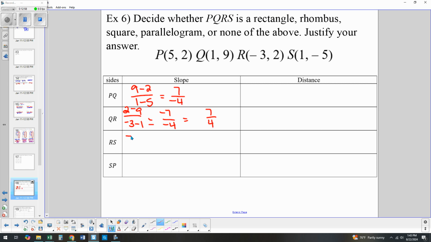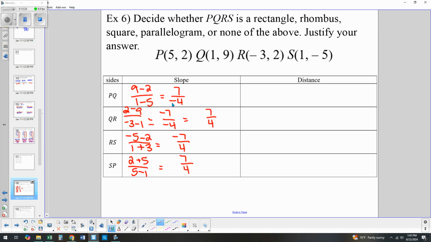For RS, we have -5 minus 2 and 1 minus -3. -7 over 4. And then for SP, we have 2 minus -5 and 5 minus 1. So I have -7/4, -7/4, 7/4, 7/4. It is a type of parallelogram. We do have two pairs of opposite sides parallel.